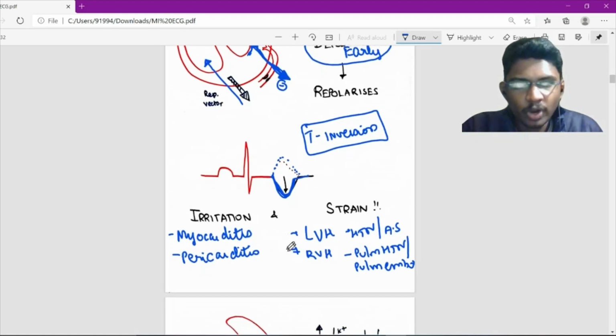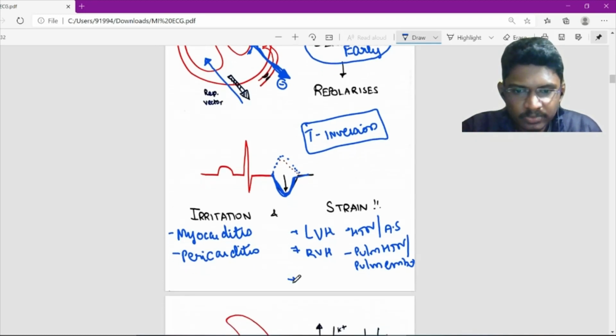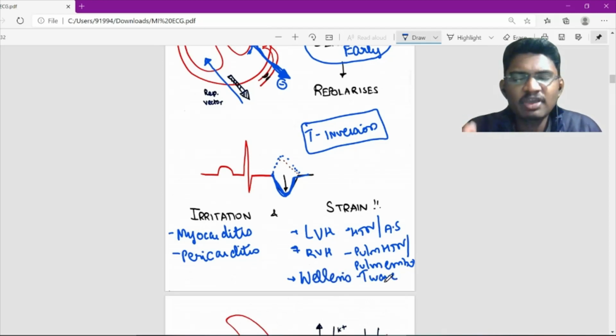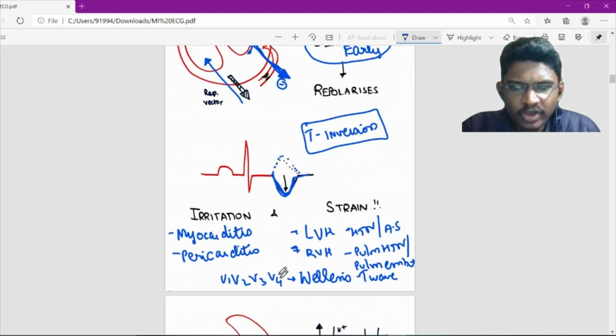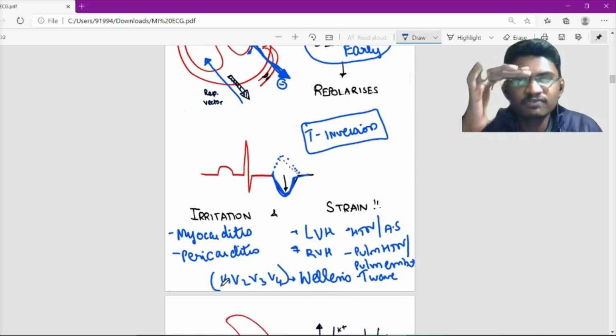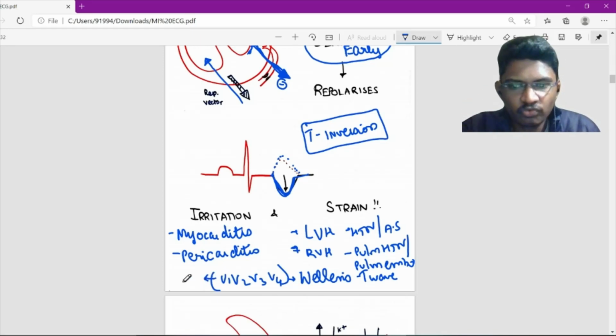And one more thing you need to know is Wellens' T wave, meaning there will be deep T wave inversions in the chest leads like V1, V2, V3. If that is there, then the patient should be instantly advised to go for coronary angiography.